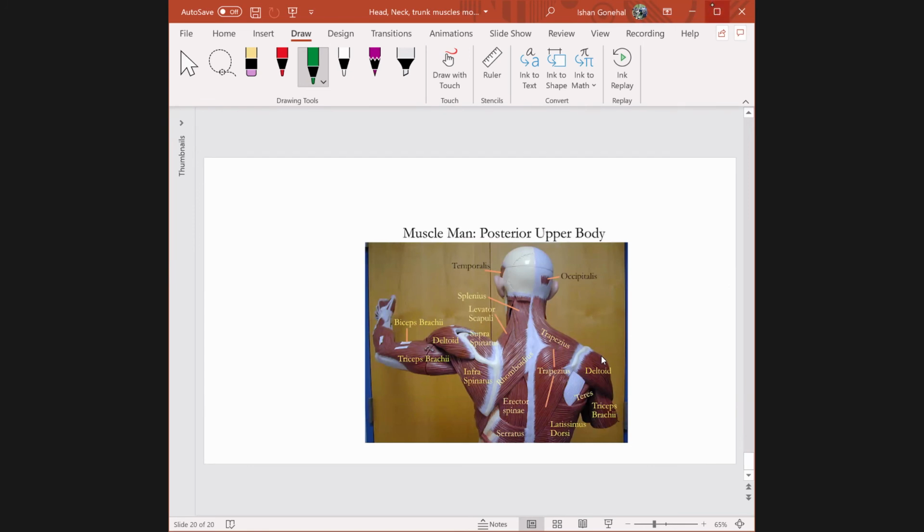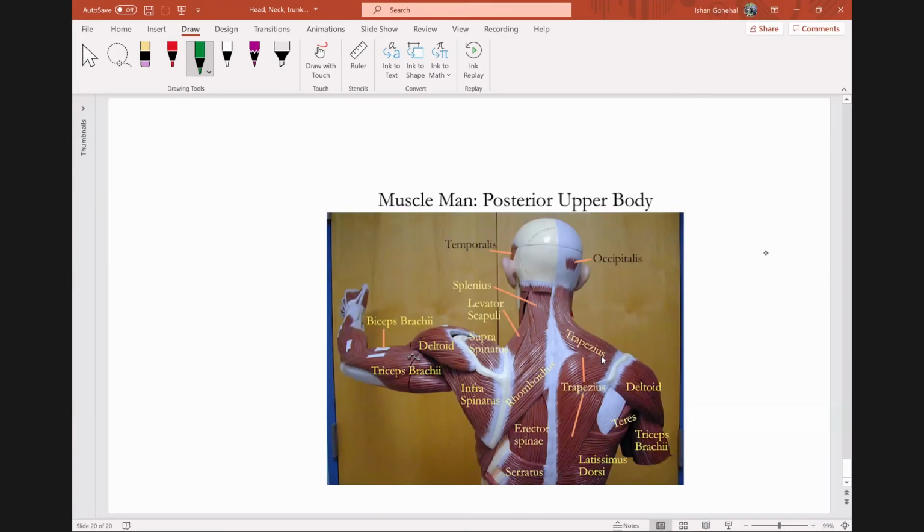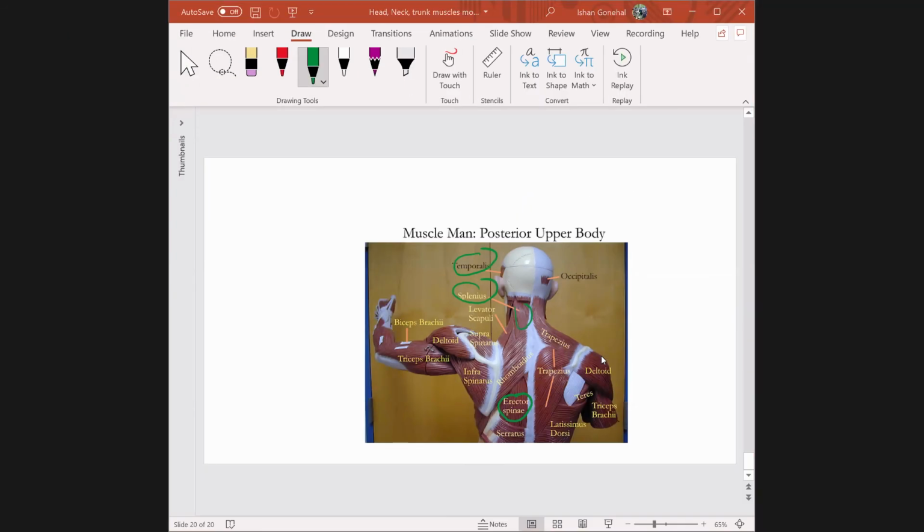So far, what did we go over? Temporalis. This one is splenius capitis. This one is the erector spinae group. So we went over muscles of facial expression, which is orbicularis oculi, oris, platysma, buccinator, then chewing muscles, masseter, temporalis, scalp, frontal belly, occipital belly, which is occipitalis, which I forgot to mention.